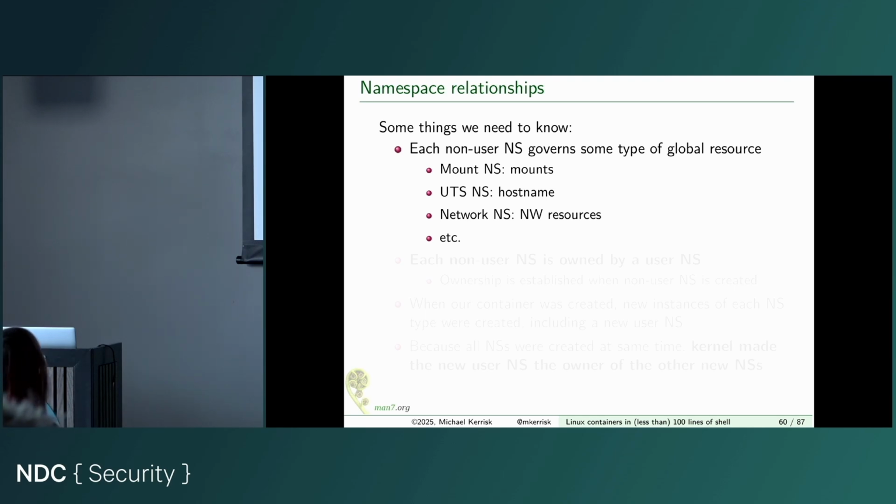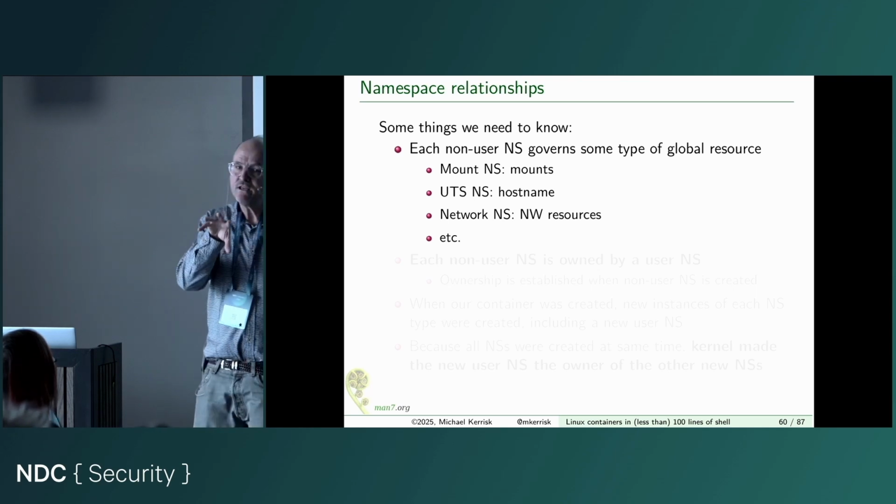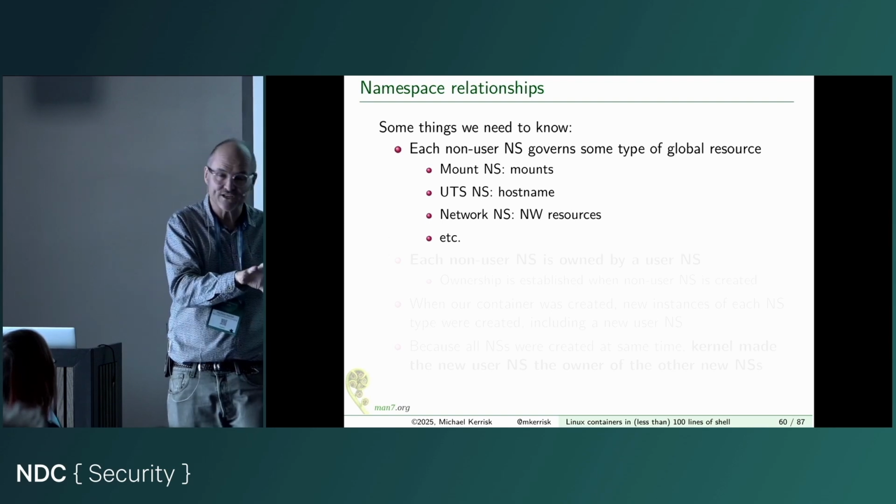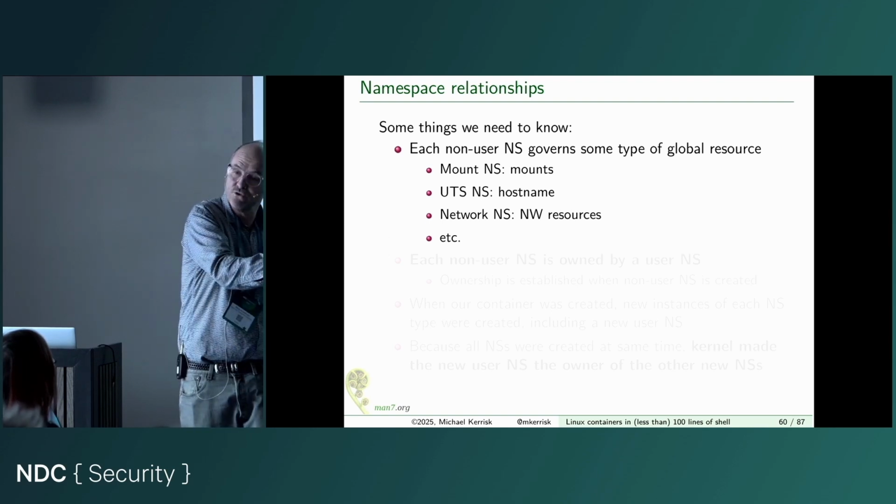And when I say a non-user namespace, a mount namespace, a UTS namespace, and so on, every one of those non-user namespaces is owned by some particular user namespace. And being superuser means you have superuser powers over the resources that are governed by the non-user namespaces that are owned by your user namespace.